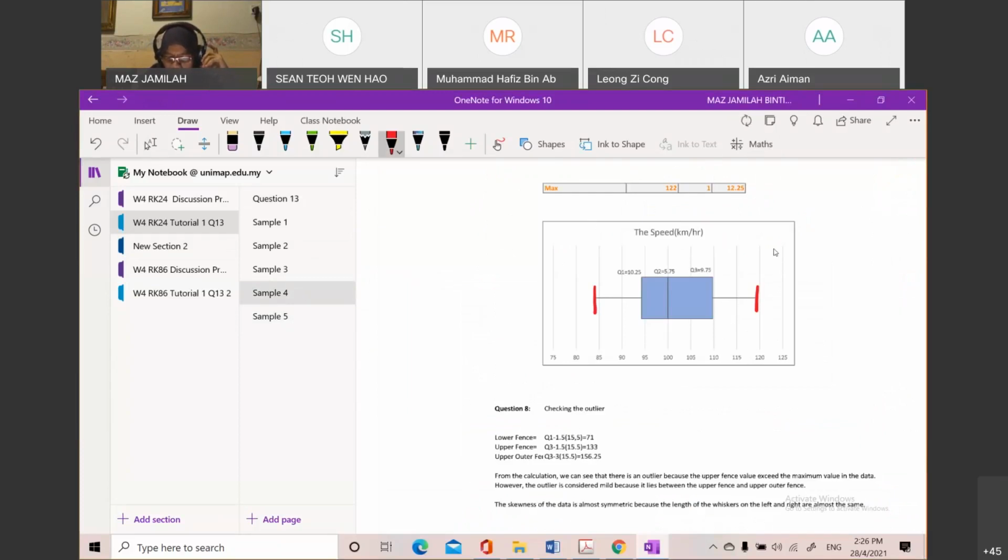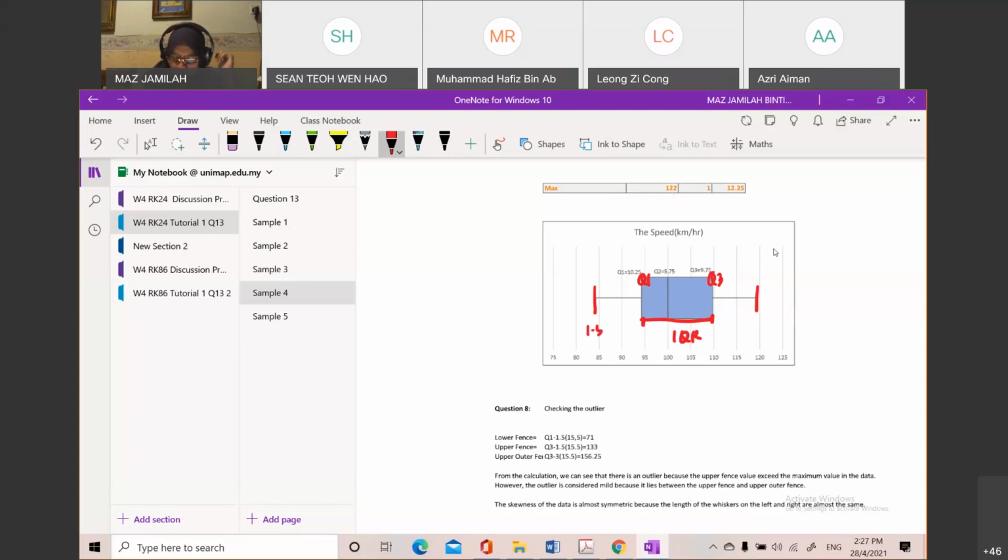And then, your IQR, where is your IQR? This is your Q1. This is your Q3. So your IQR will be the length here. What happens is that your calculation will be based on your IQR.